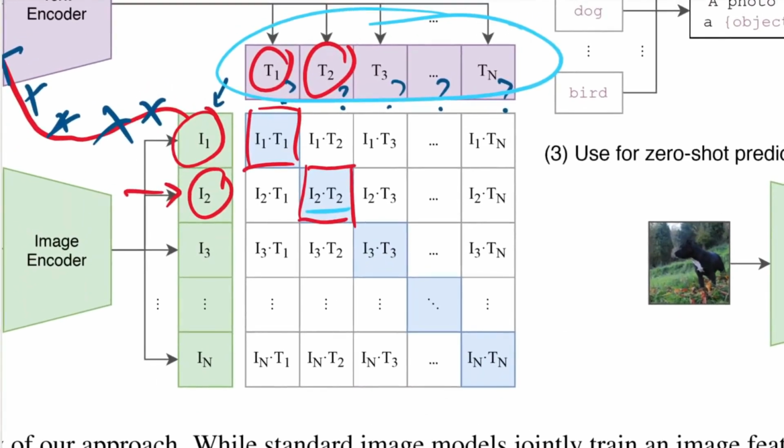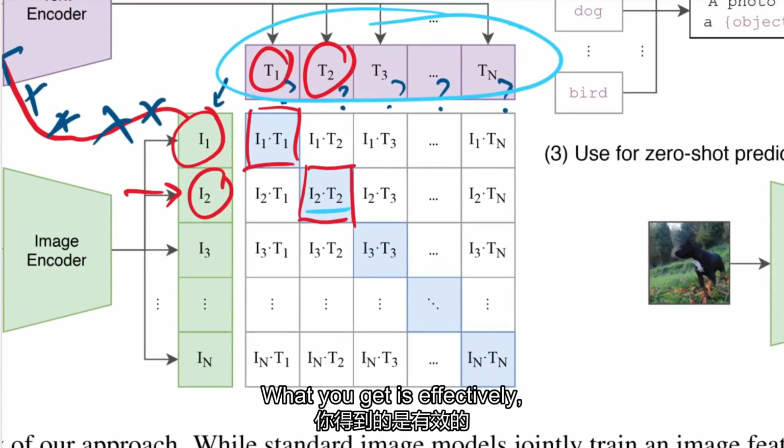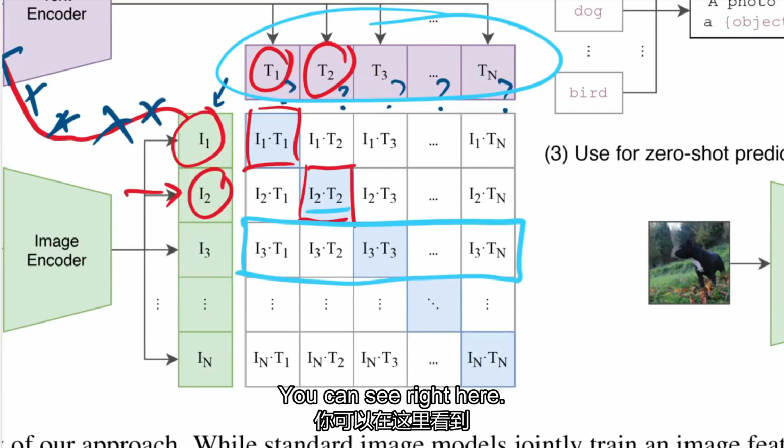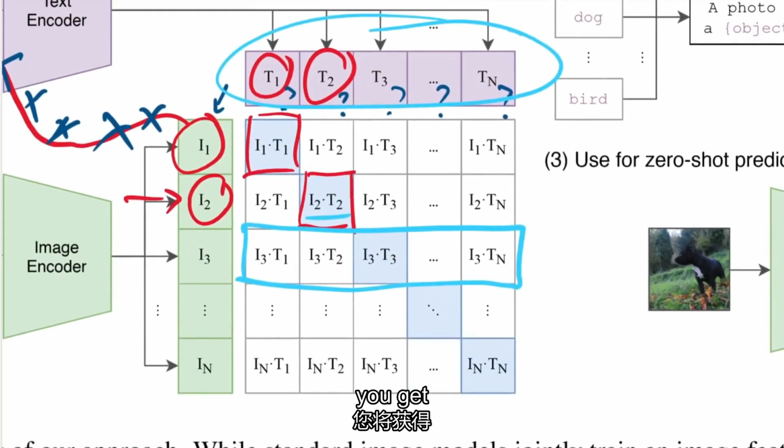Okay, so what you get is effectively, for each input, a classification task in this direction. You can see right here, for image 3, there is one correct text that it goes with. And for each text, you get a classification task in this direction.